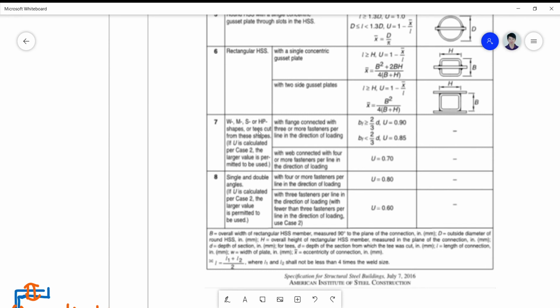Okay, including T's. Nandito pa rin yung T's. Now, the question here is, what about the channel? Is it included here? Yung channel natin, walang nakalagay, di ba? So, does it mean na hindi natin pwedeng gamitin?